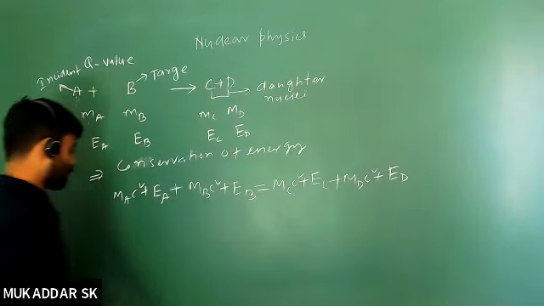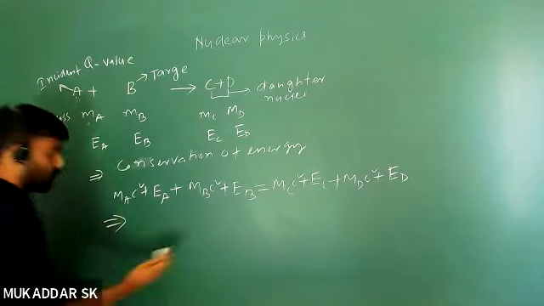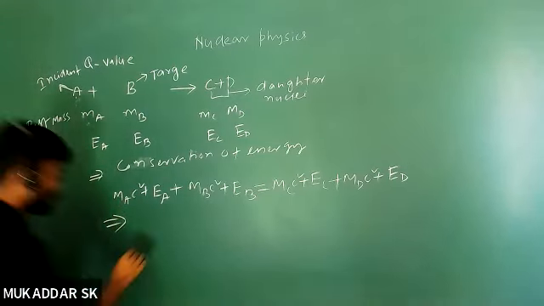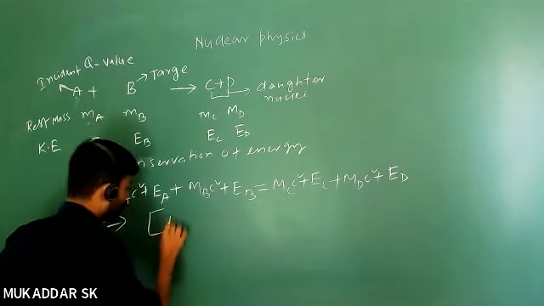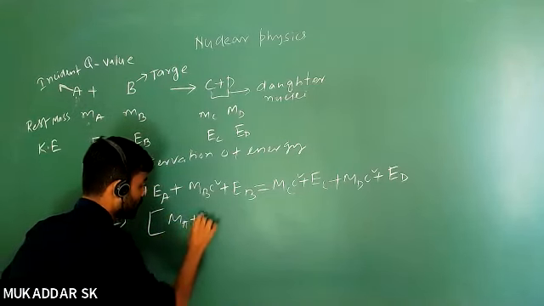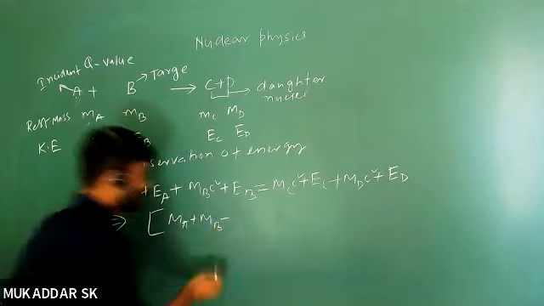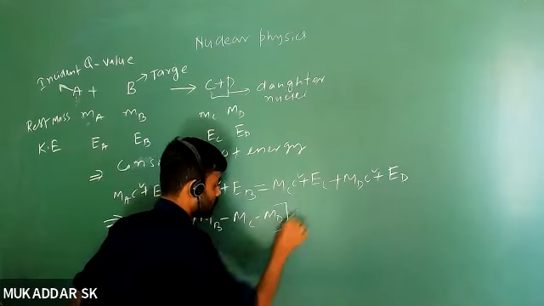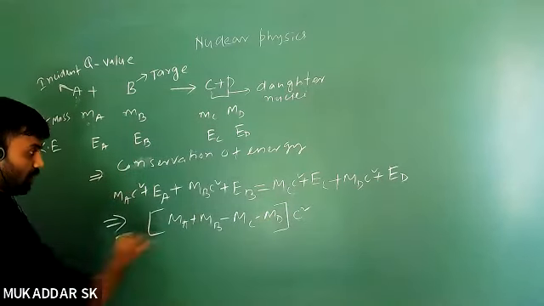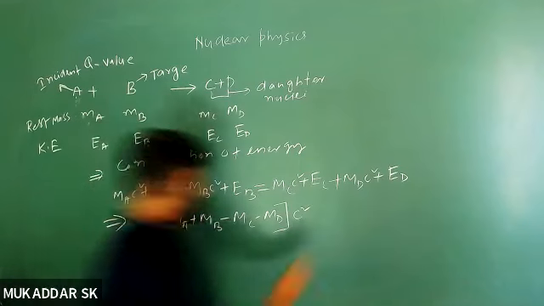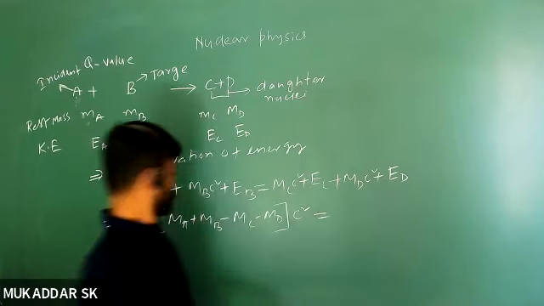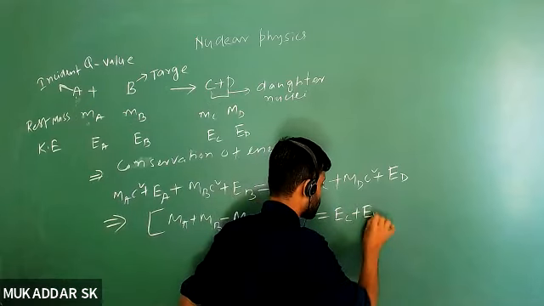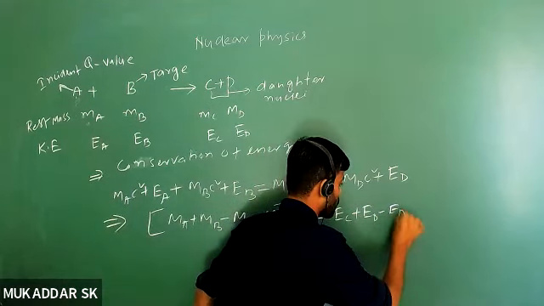So I'll bring rest mass terms on the left hand side and kinetic terms on the right hand side. If you rearrange it, it will be Ma plus Mb minus Mc minus Md, c square will be common from all mass terms, equals Ec plus Ed minus Ea minus Eb.